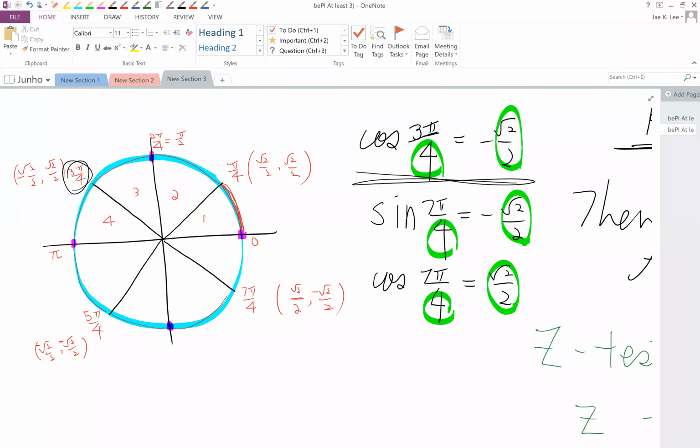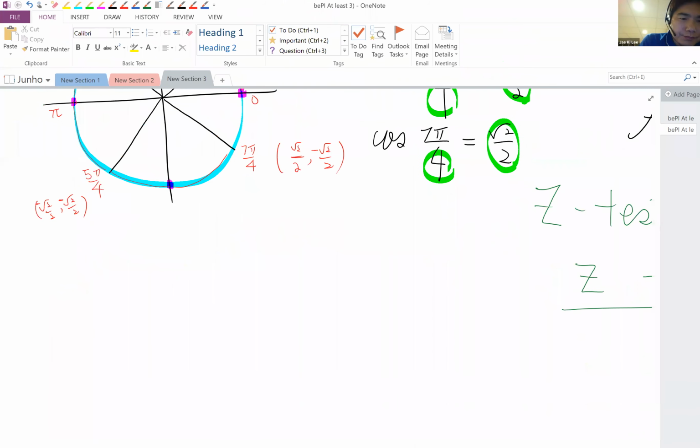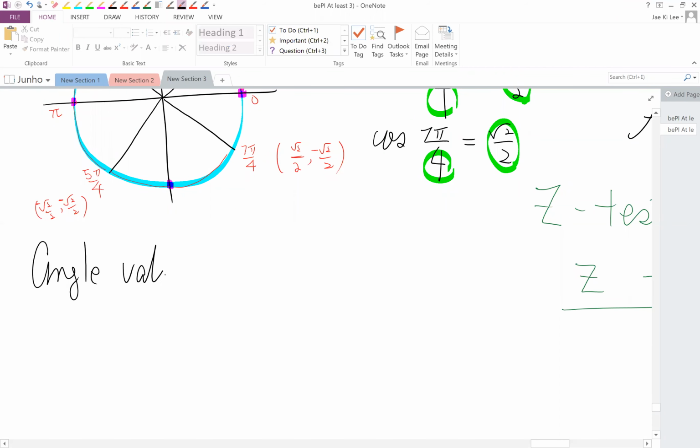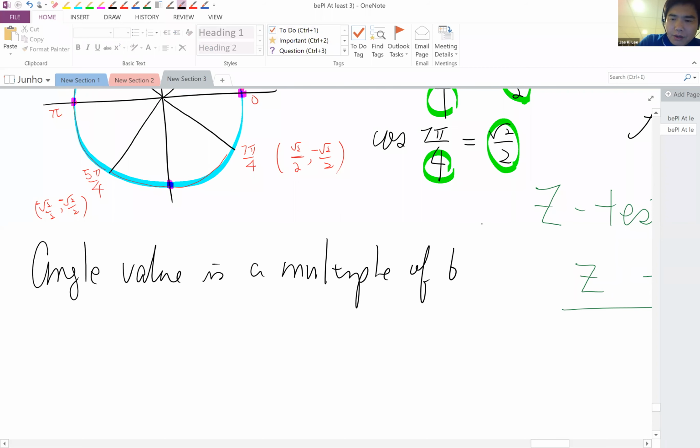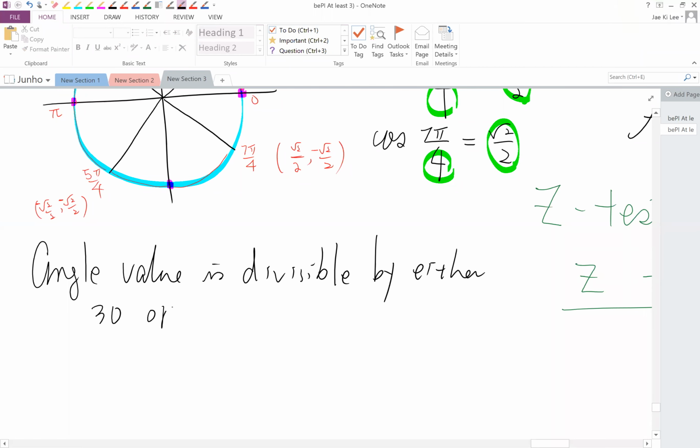Can you repeat one more time? I want to take notes. If the angle value is divisible by either 30 or 60, you can use the 30, 60, 90 unit circle.